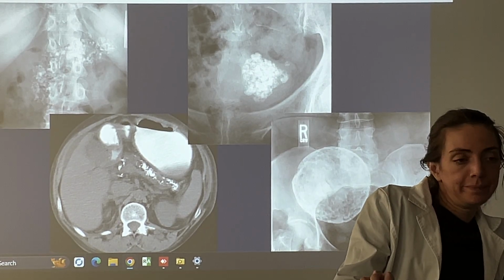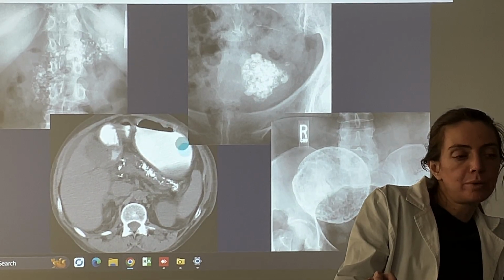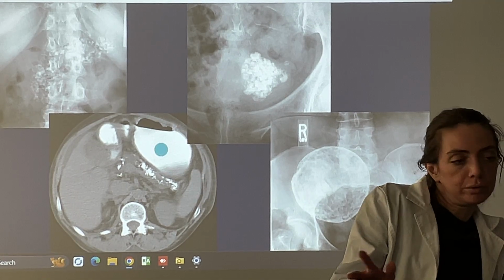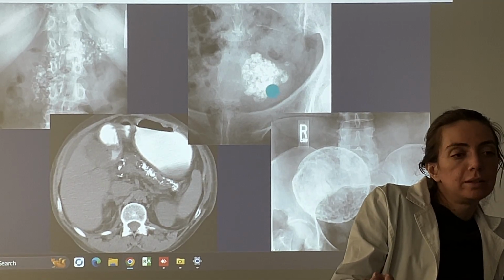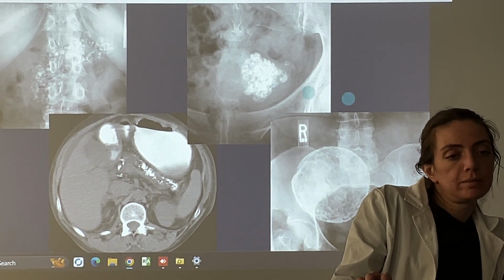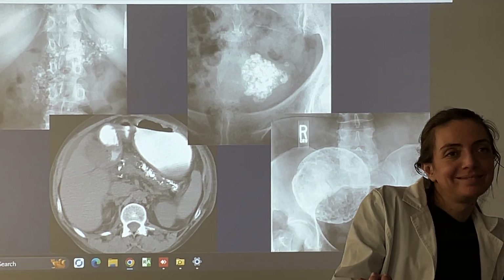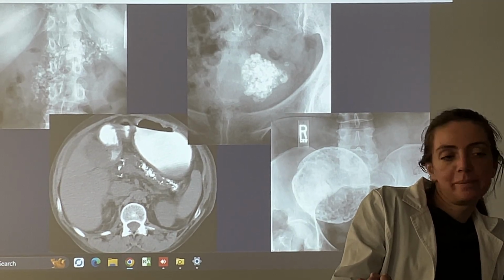This long one. That white thing? This is the stomach, with air inside the stomach. What is this one? That is popcorn, no? Where? Popcorn above the bladder.